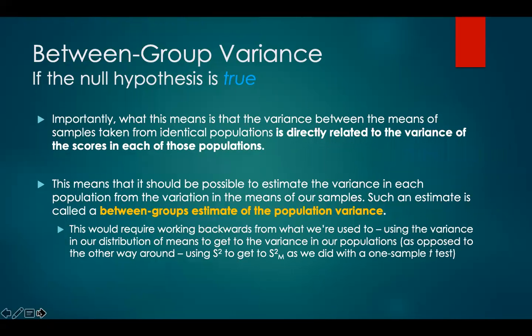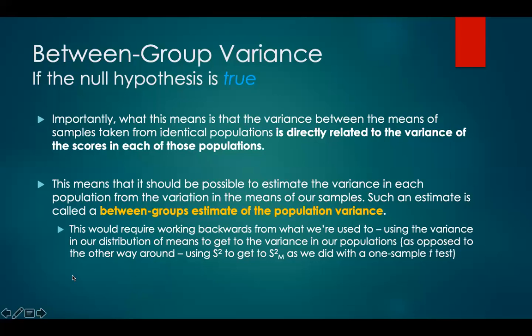Importantly, what this means is that the variance between the means of samples taken from identical populations is directly related to the variance of the scores in each of those populations. This means that it should be possible to estimate the variance in each population from the variation in the means of our samples. Such an estimate is called a between groups estimate of the population variance.